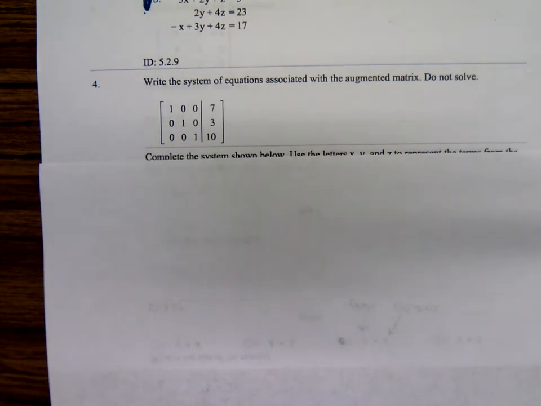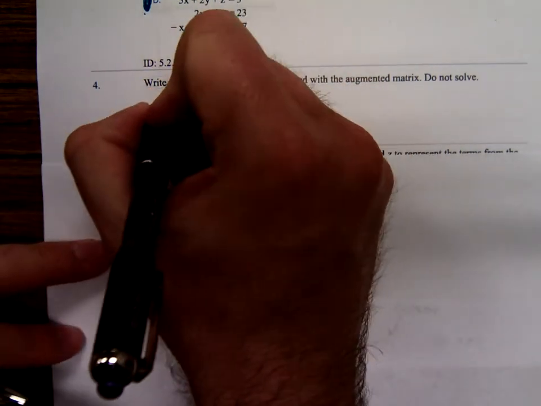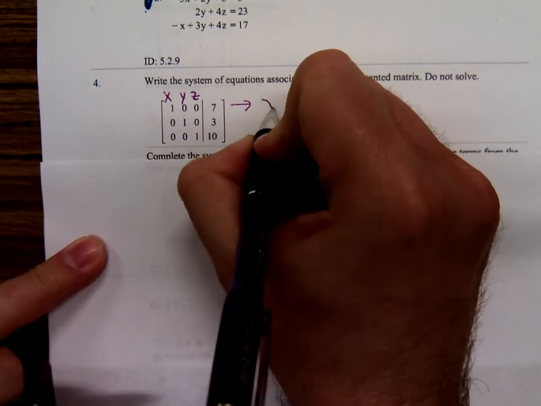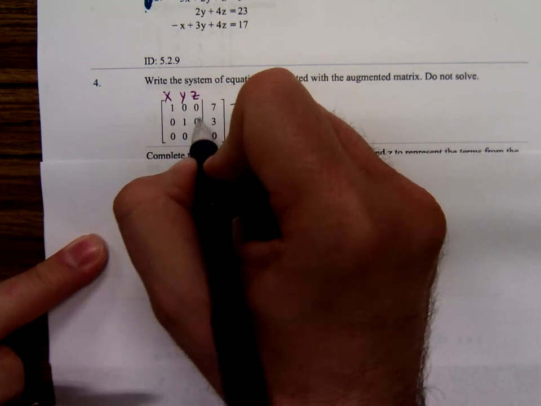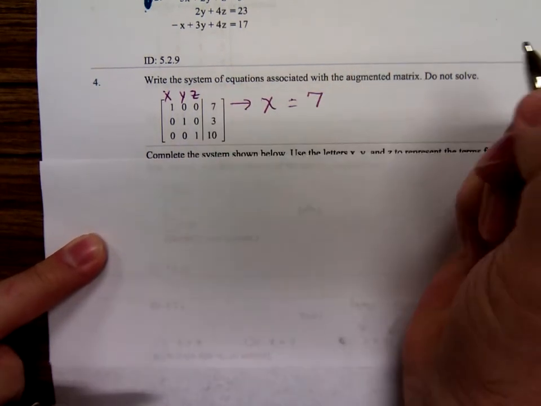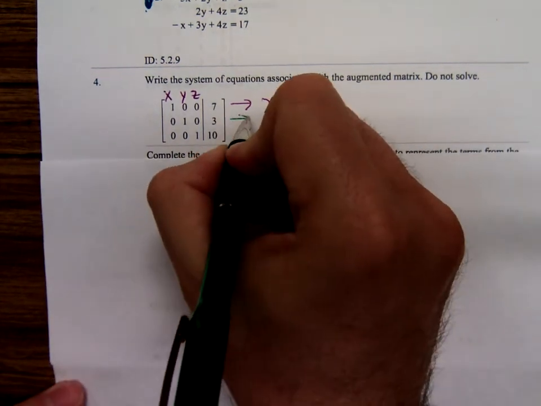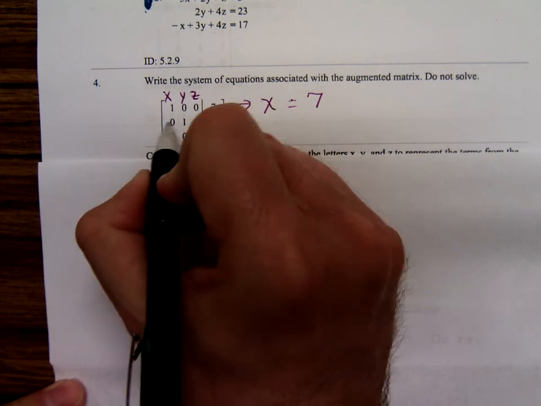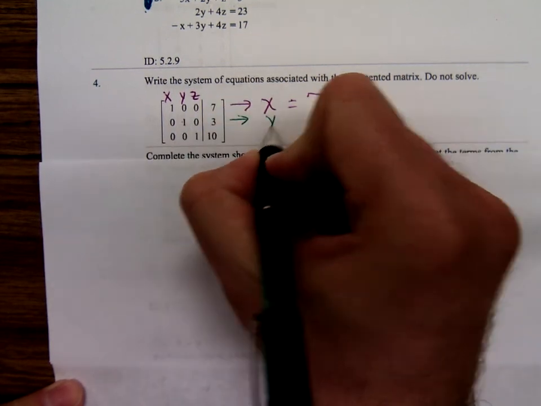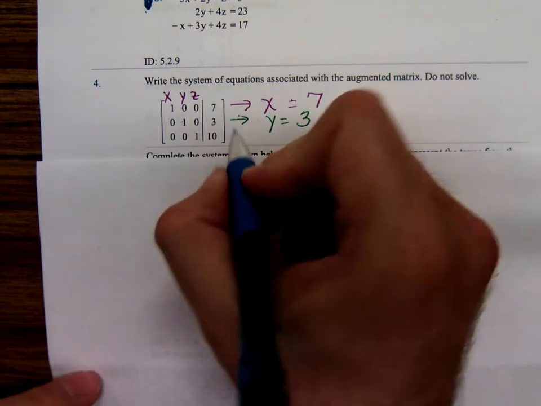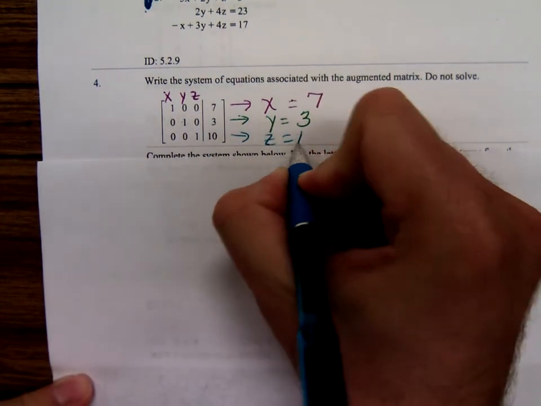So, let's label them X, Y, and Z. So this first equation would be 1x, and then there's no y or z, so x equals 7. This one I'm not going to line up the like terms. On the second equation, there's no x or z, just y equals 3. And what's the third one? Did y'all hear that? Z equals 10.